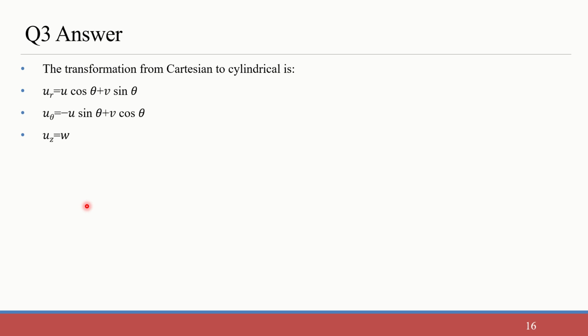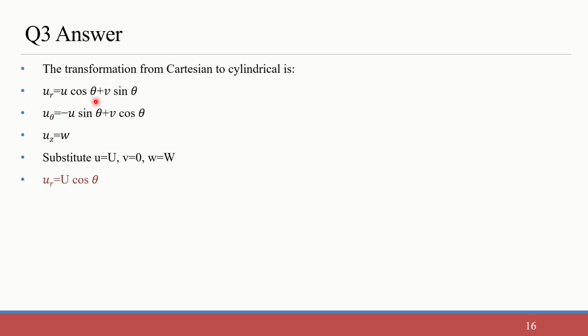So now, if we substitute for u, v and w, this is the general transformation from Cartesian to cylindrical coordinates, and we are now substituting the known values given in the question, that is u equal to capital U and w equal to capital W. So here ur becomes U cos theta, since we substitute u and v becomes 0.